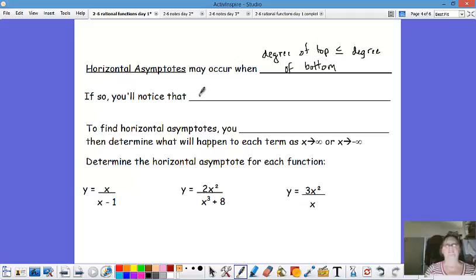If that's true, you will notice that there is a value of y that's avoided. And that happens again when x is very large or very small. There's a value of y that's avoided as x goes to positive or negative infinity.